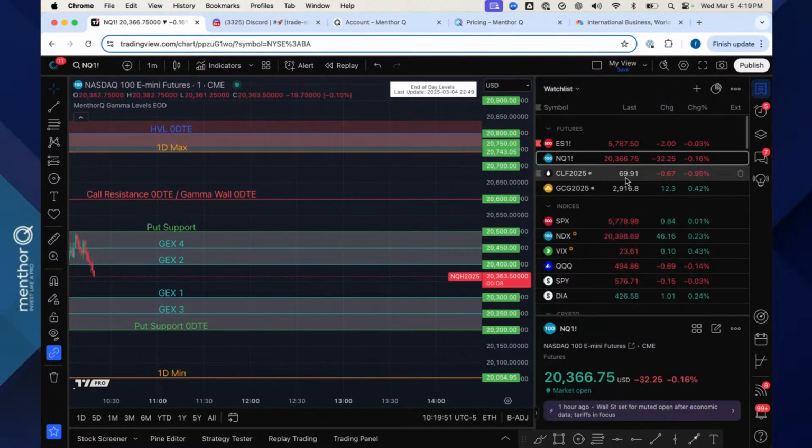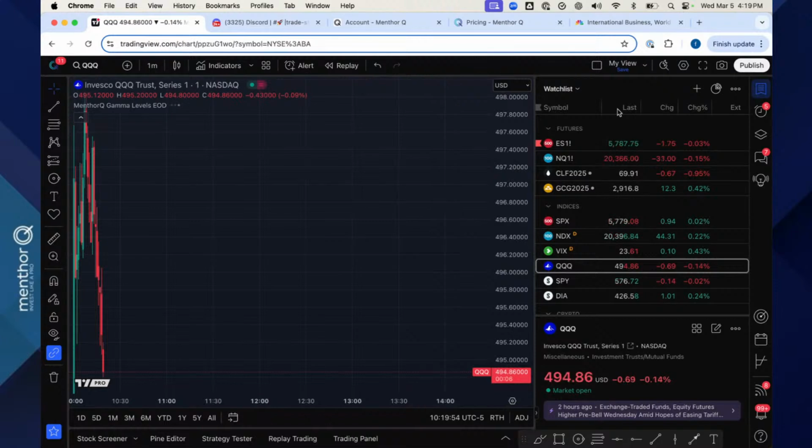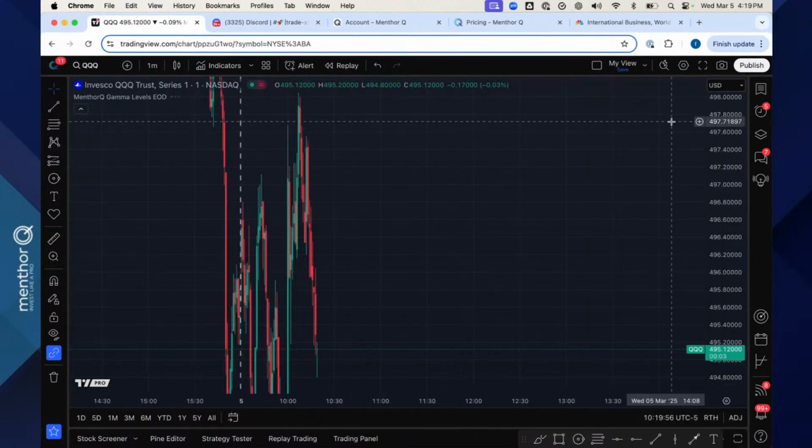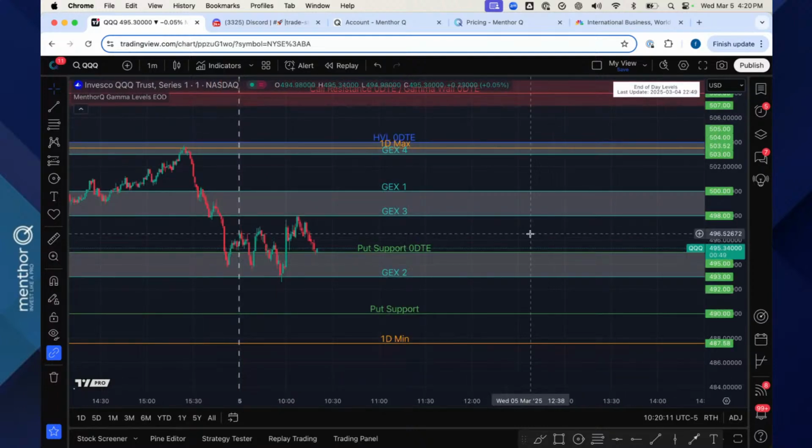It's important for you to have the full picture. If you're looking at the NASDAQ, look at the NQ, look at the QQQ, and look at the NDX. I'm personally using most of the time the end of the day levels. And at the moment, the QQQ end of the day level is on put support 0 DTE. So can we hold the put support 0 DTE? Yes or no?